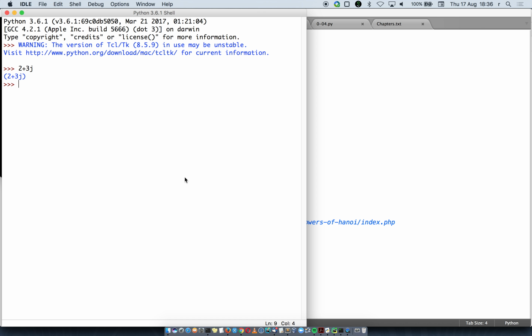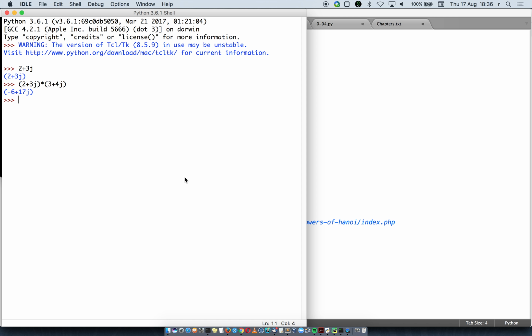That's what you have in Python, and you can treat it as a regular type of data. So if you say 2 plus 3j times 3 plus 4j, you would get the result. This is not likely to be very useful for us, but it's a feature of Python that you should know.